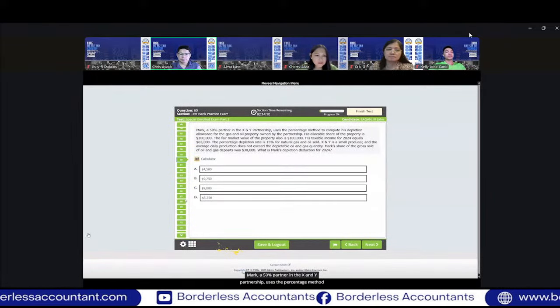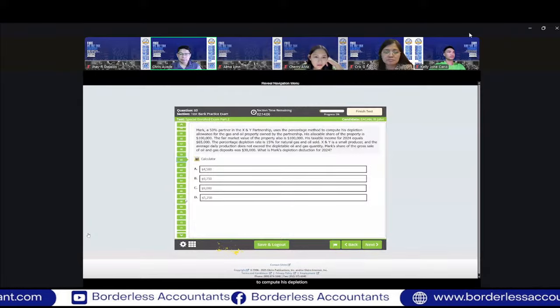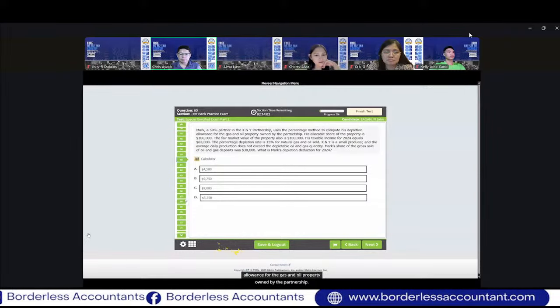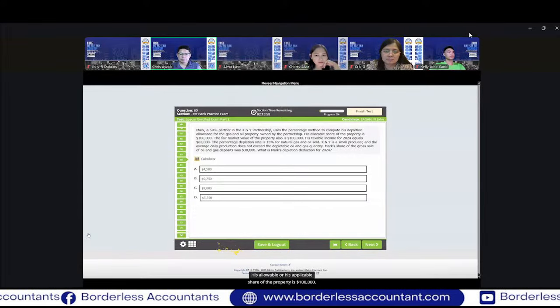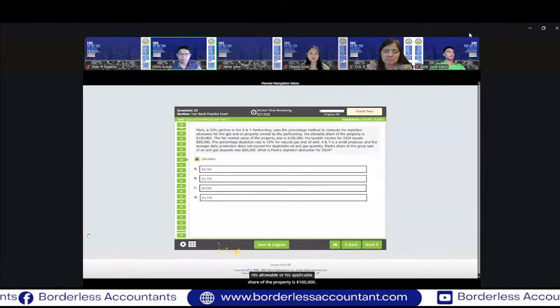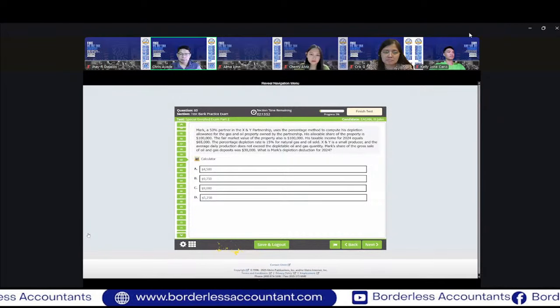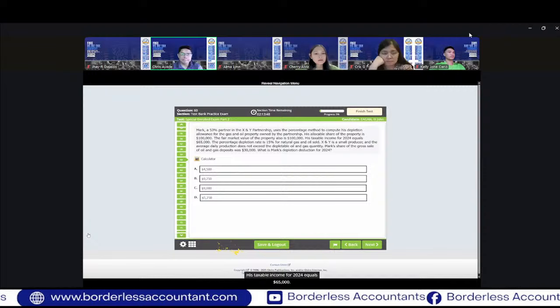Mark, a 50% partner in the X and Y partnership, uses the percentage method to compute his depletion allowance for the gas and oil property owned by the partnership. His allocable share of the property is $100,000. The fair market value of the property is also $100,000. His taxable income for 2024 equals $65,000.